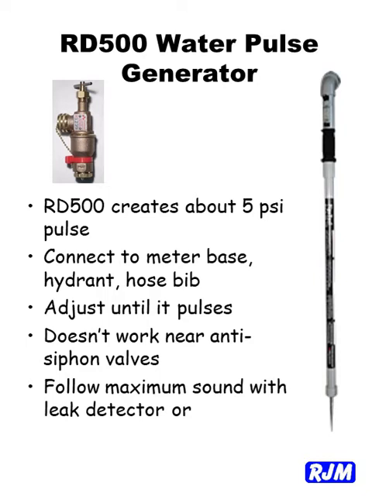The RD500 creates about a 5 psi water pulse when connected to the proper water pipe size. The range in pressure is 30 to 75 psi. Distance range is typically 200 to 400 feet. It uses about 1 to 2 GPM when pulsing.